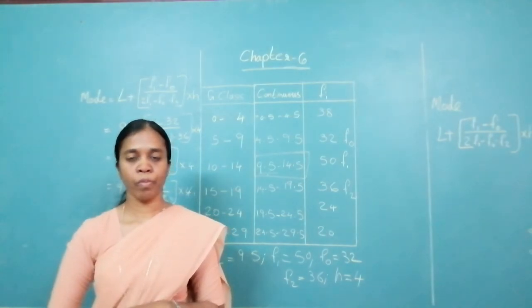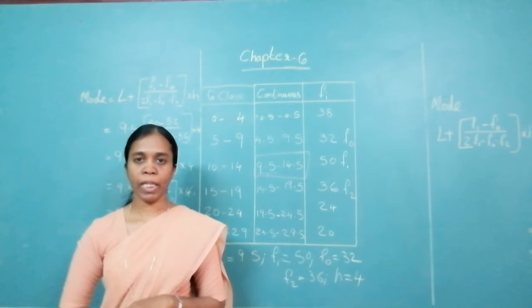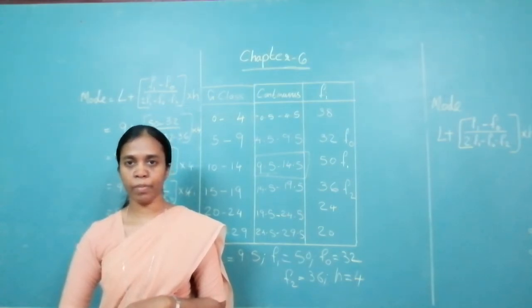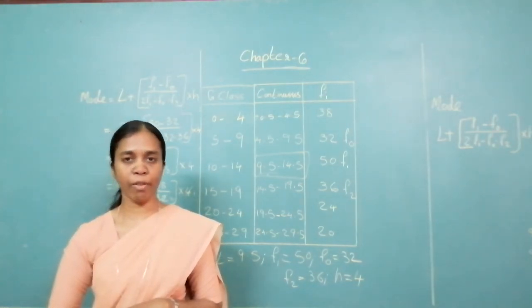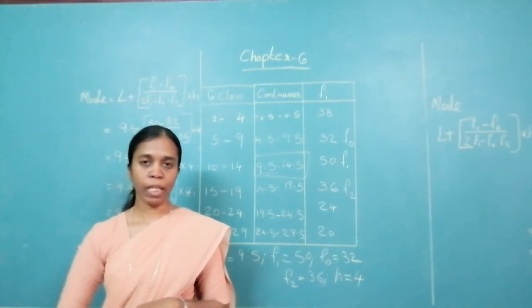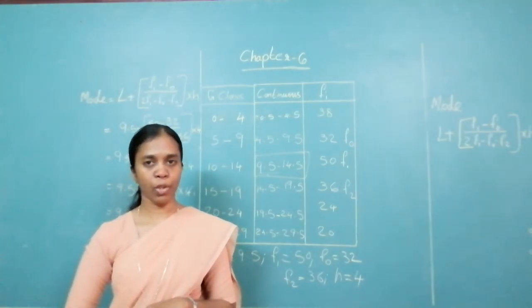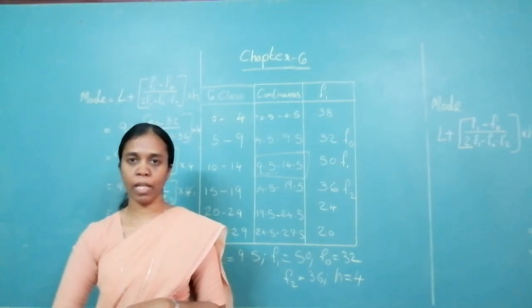Mode is equal to L plus bracket f1 minus f0 upon 2f1 minus f0 minus f2 into h. Again, for mode, the class should be continuous.